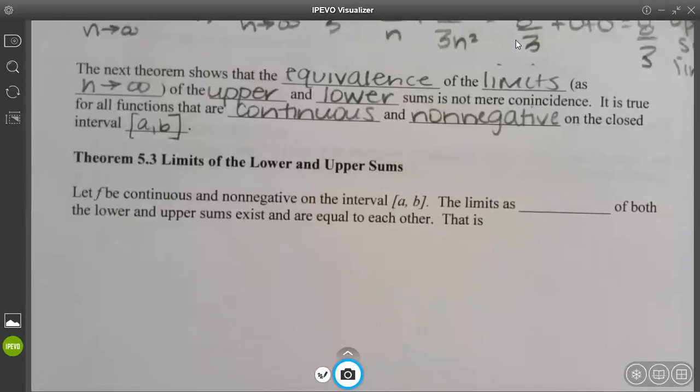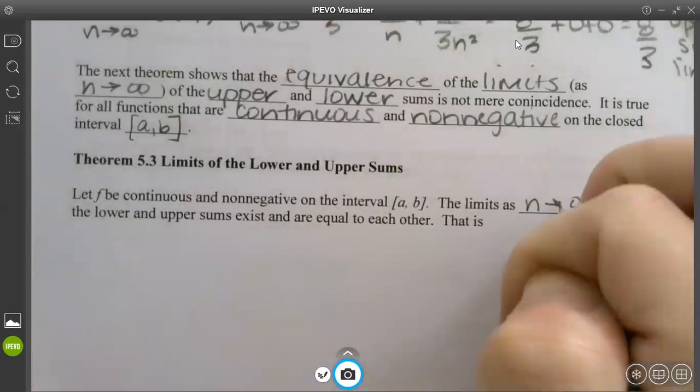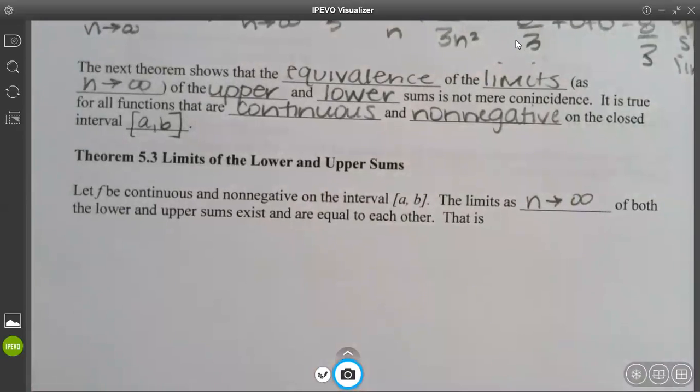So let f be continuous and non-negative on the interval a to b. The limit as n approaches infinity of both the lower and upper sums exists and are equal to each other.